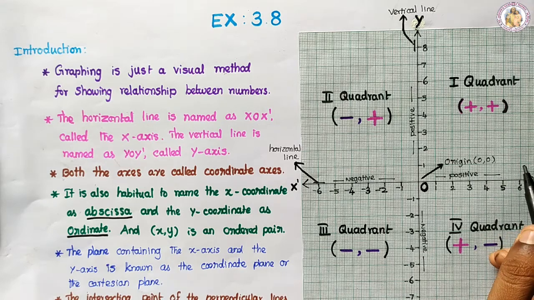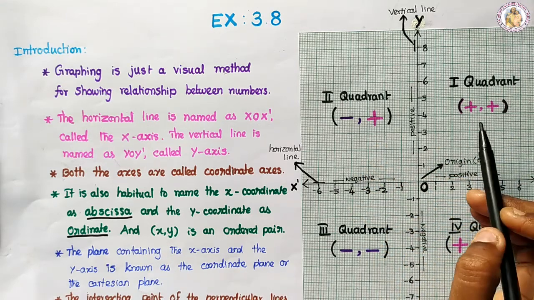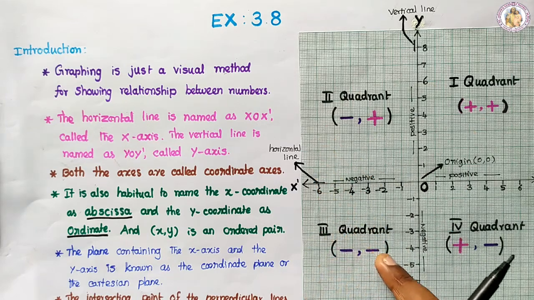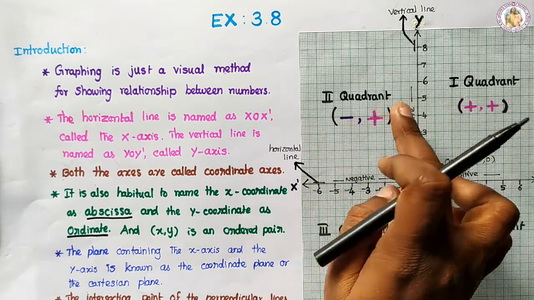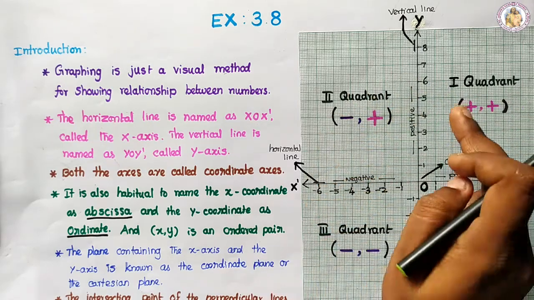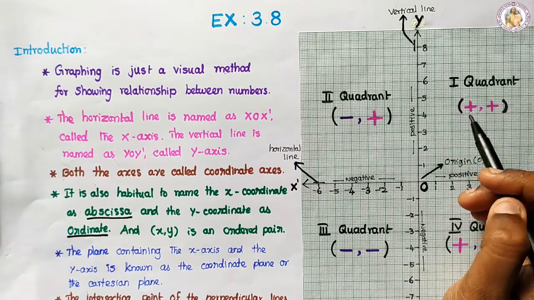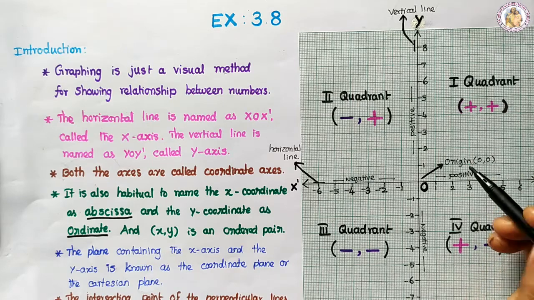And then quadrants. There are 4 quadrants here: 1, 2, 3, 4. It is anti-clockwise. In the first quadrant, both are in positive sign.